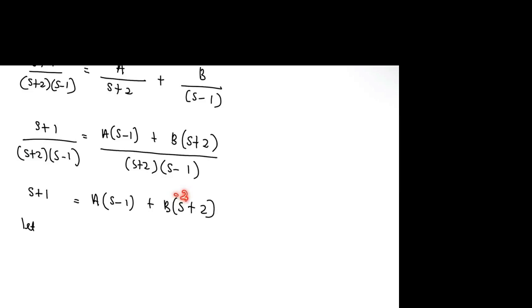Minus 2 plus 2 is 0. So let s equal minus 2. Substitute minus 2 into this equation. Minus 2 plus 1 equals minus 1, and minus 2 minus 1 is minus 3.